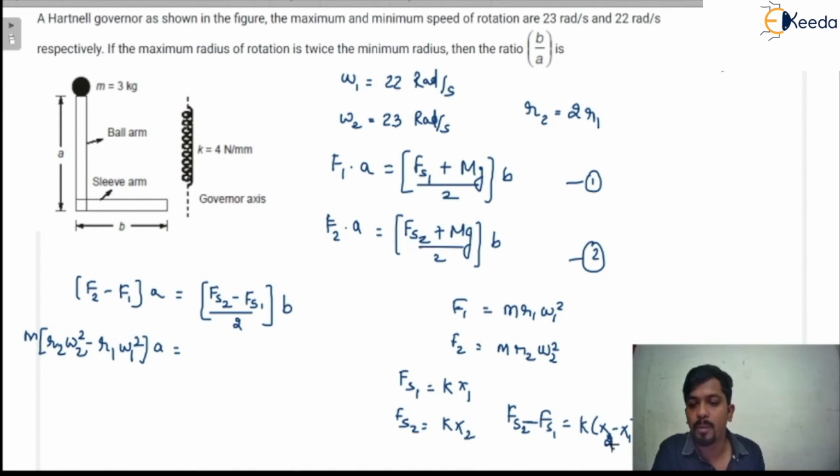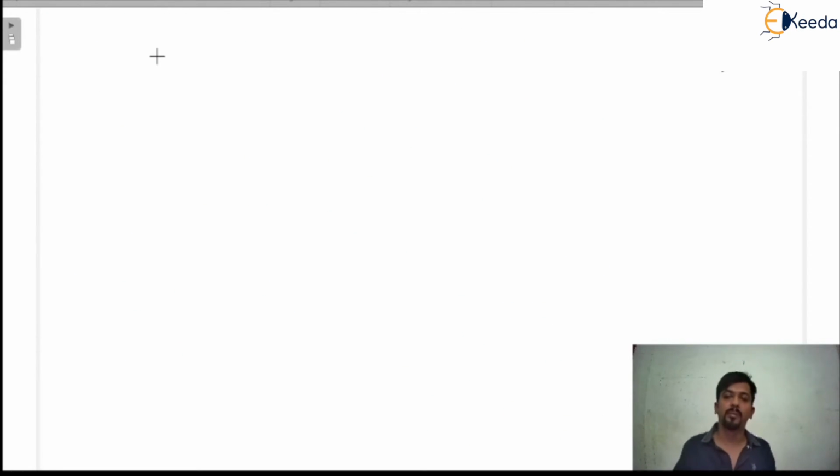You remember what x2 minus x1 is here. I already told you that whatever compression takes place in the spring is equal to the sleeve movement. How much the sleeve moves, that amount is equal to the compression of the spring.